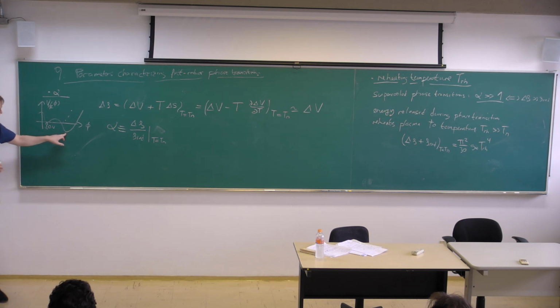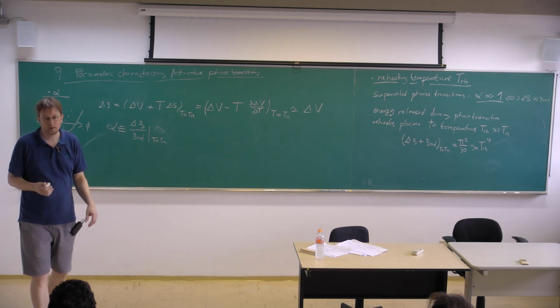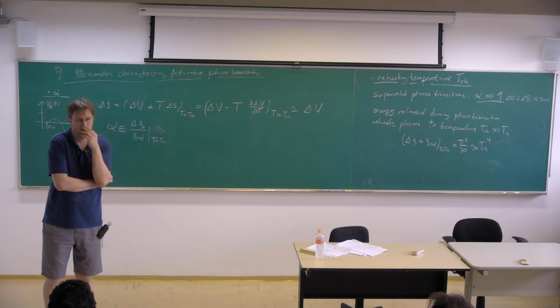In this process you release this energy density difference into your system, and this has to go somewhere, and it goes into just thermal energy. An adiabatic process. Right. This energy is released.